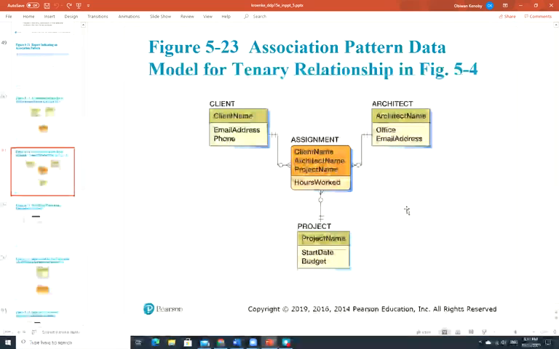So you have a project, you have a client, you have an architect, and they all belong to the same assignment. Right? So this is where we're going to start. So instead of starting your project or the assignment by identifying candidate entities, we will just build this pattern first into our model.